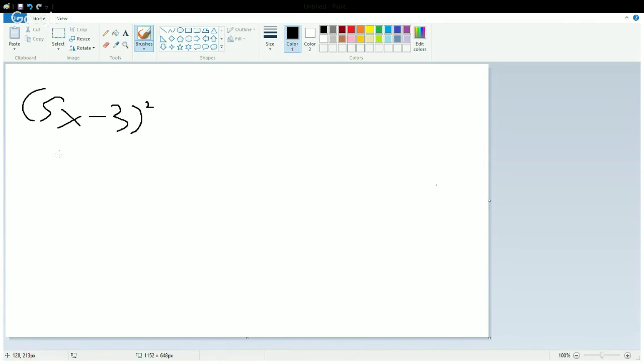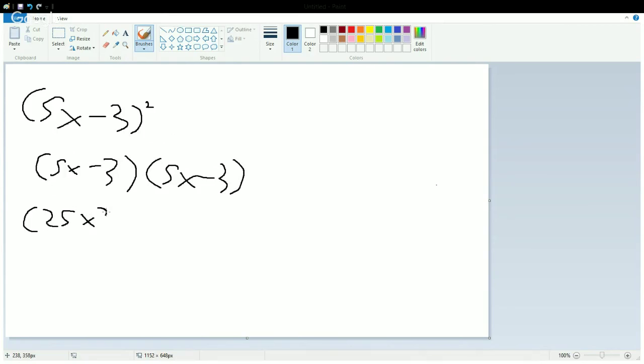Well, this one is like the first, outside, inside, last. It's a perfect square instead. So what you do is you expand it. Let's write it out in full so people can see what we're doing here. This becomes literally 25x squared minus 15x minus 15x.